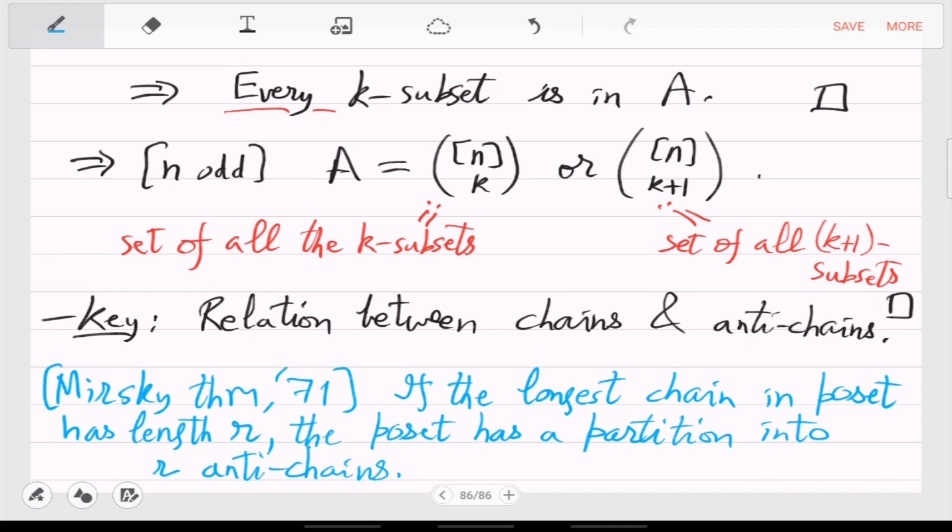You take the first anti-chain to be 0 subsets, second you take 1 subsets, 2 subsets, up to n subsets. So that's the classical example we started with for the power set poset. But one can prove this, I suppose, for any poset. That is Mirsky's theorem.